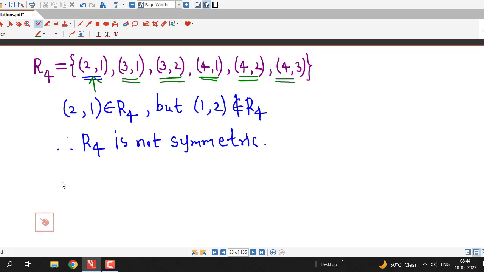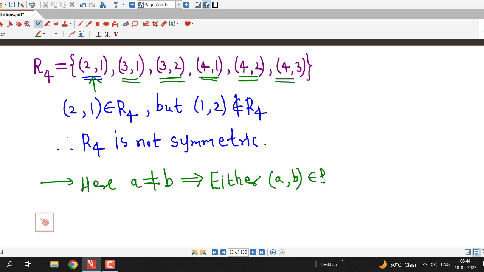So here we can write that A not equal to B implies either (A,B) belongs to R4 or (B,A) belongs to R4 is not satisfied together.